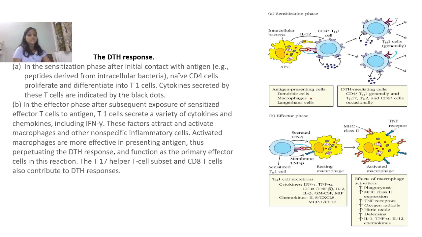Because it develops almost 24 to 72 hours after exposure to an antigen when the immune system recognizes something as foreign. So this occurs much after, like it is a delayed reaction, which is after a considerable time only it is getting activated.